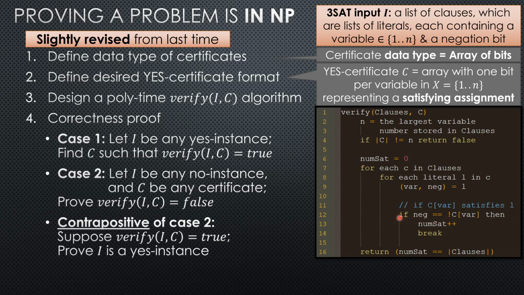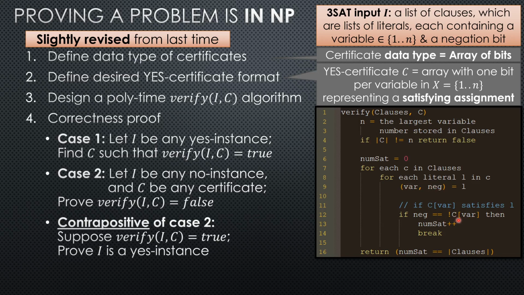My claim is that line 12 tells you whether the truth assignment to var by the certificate C satisfies the literal, but the literal could be a variable or its negation. This is just a very compact way of expressing all the different cases where C of var is true and var is looking for not the negation, right?